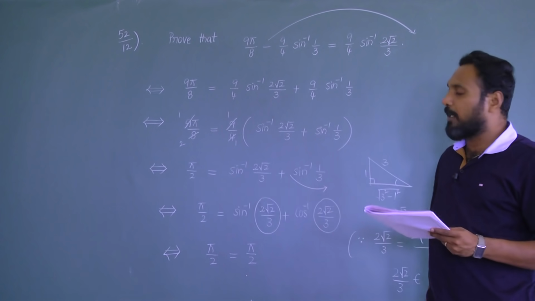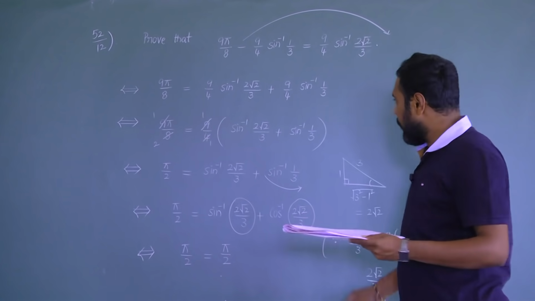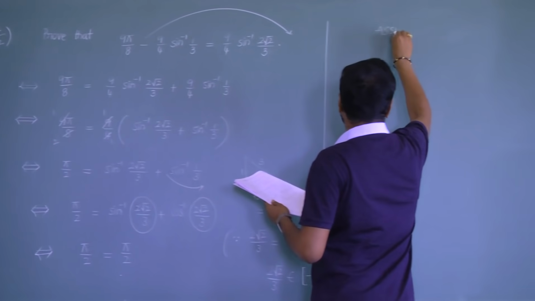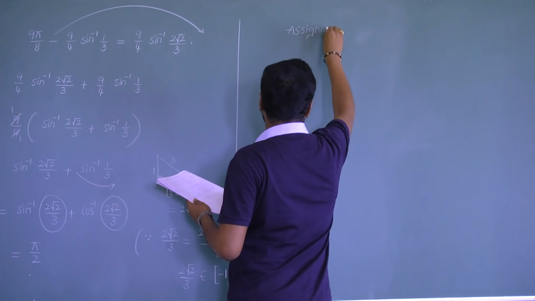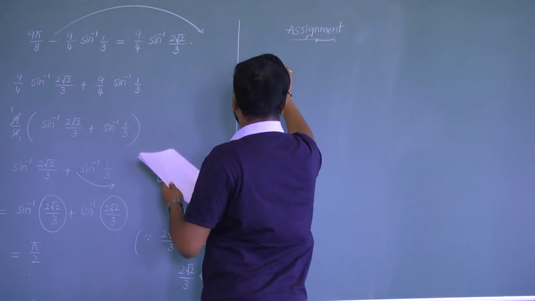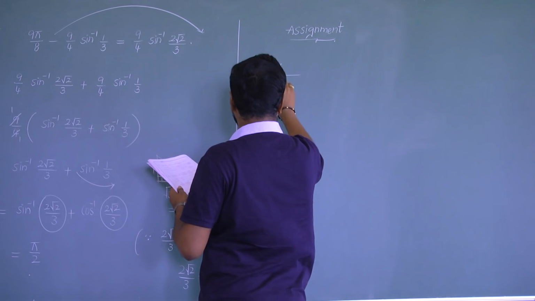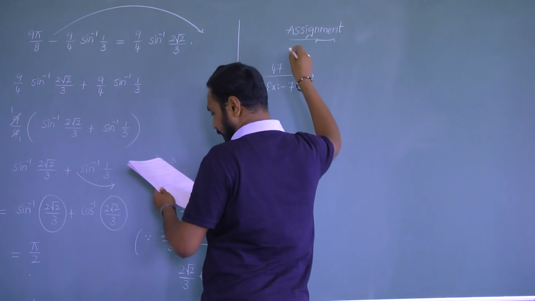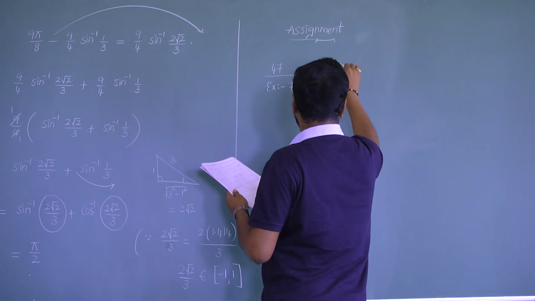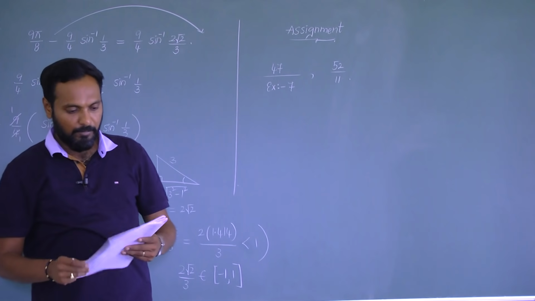Among these three problems, whatever we have done, based on that, two problems I am giving you as an assignment, which each and every student has to solve, so that your confidence will be 100% in this particular model. Page 47 example 7 and page 52 question number 11.